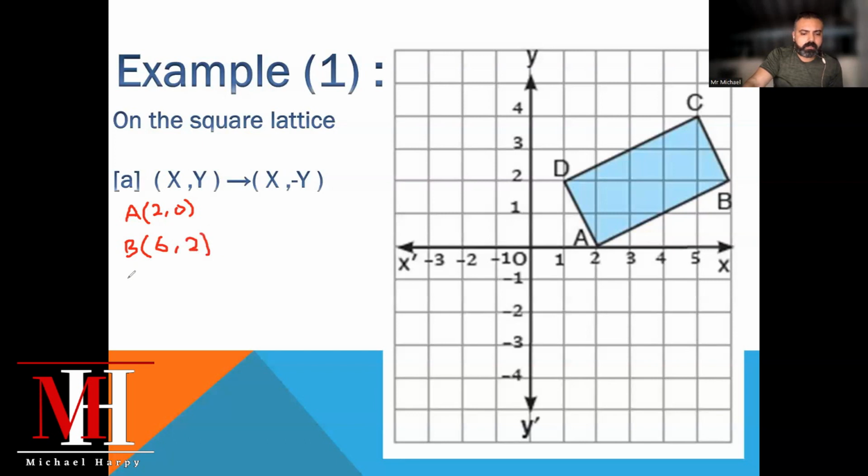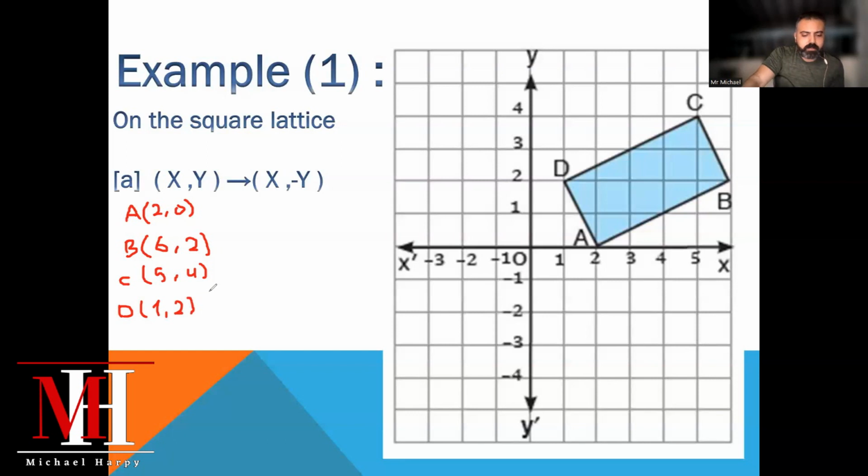The coordinate of point C, x corresponds to 5, y corresponds to 4. Finally, point D, x corresponds to 1, y corresponds to 2.